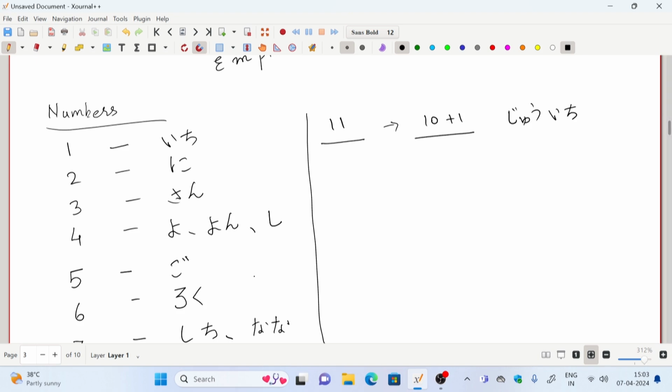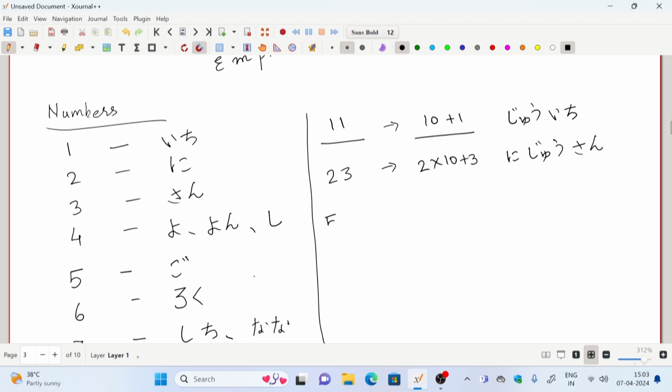So juu ichi will be 11. If it is 23, first we'll take the multiple of 10. So 2 into 10 plus 3 goes like ni juu san.